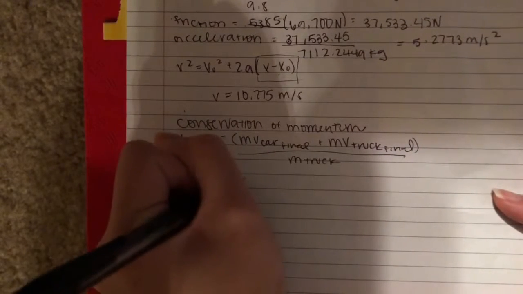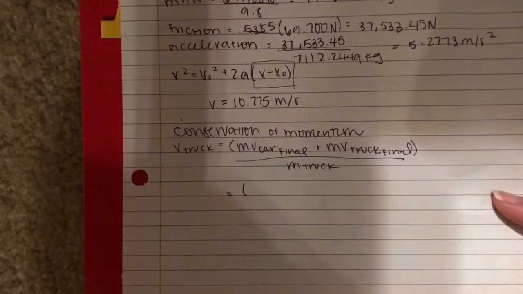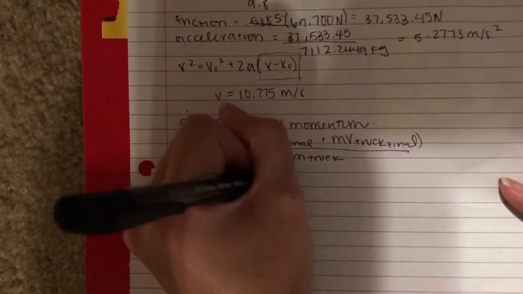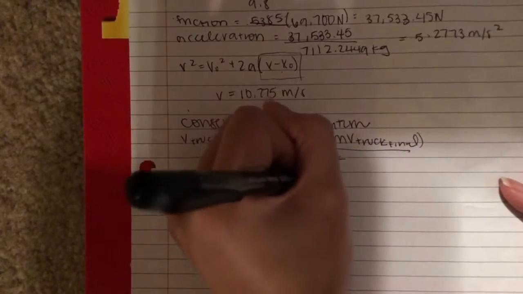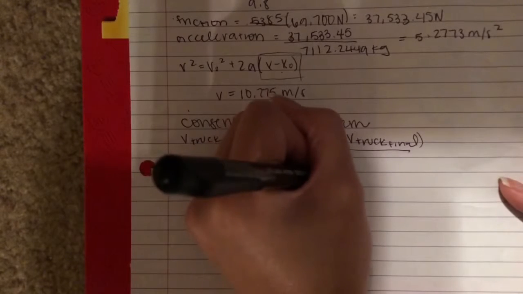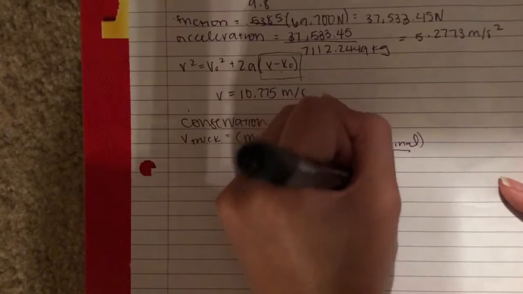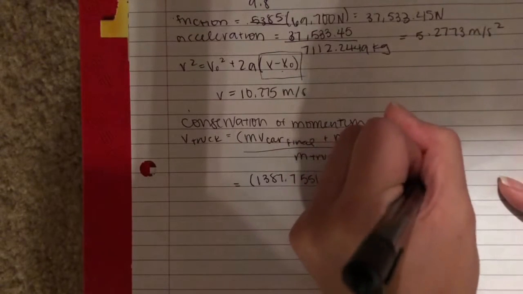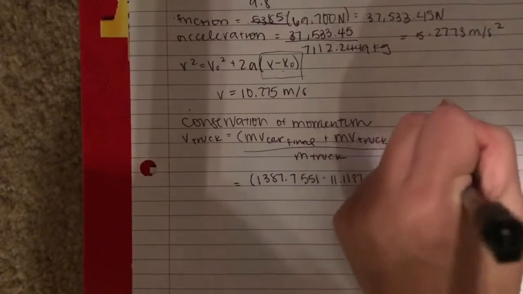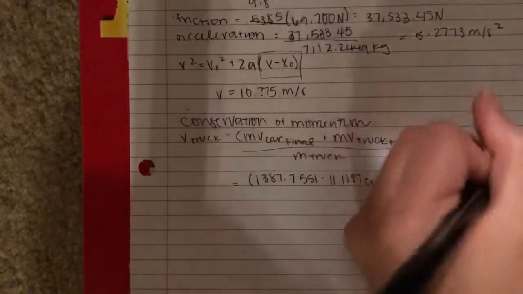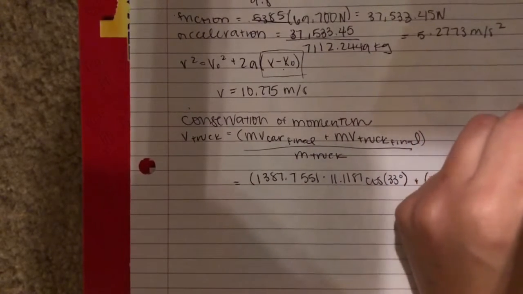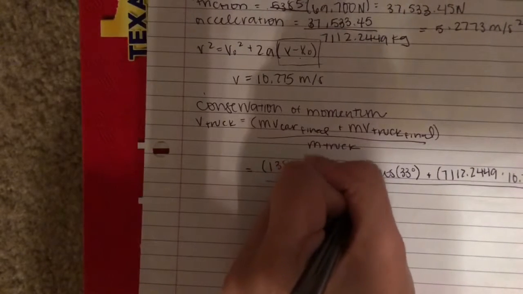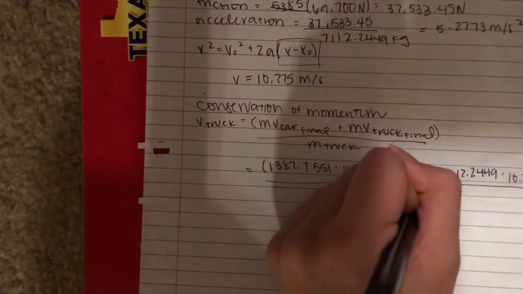Now we plug in our values, which is 0.7551 times 11.1187 times cosine of 33 degrees plus 7,112.2449 times 10.775 times the cosine of 7 degrees, all divided by 7,112.2449.